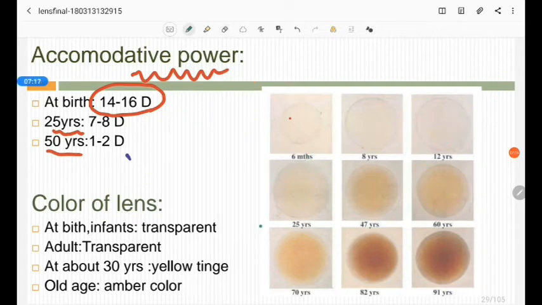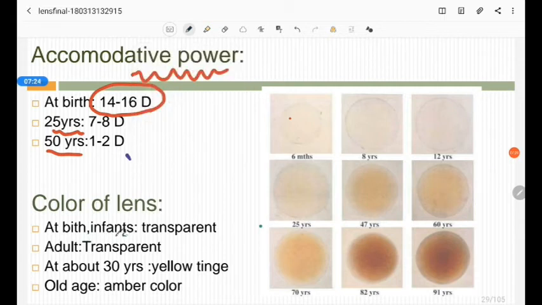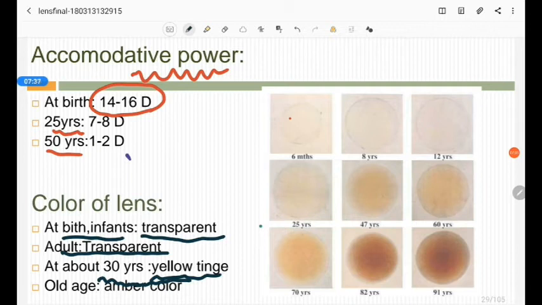Now coming to the change in the lens color as the age progresses. At birth or during infancy, the lens is transparent. During adult age, it is transparent. And as the age gets to 30 years, it starts getting a yellow tinge.